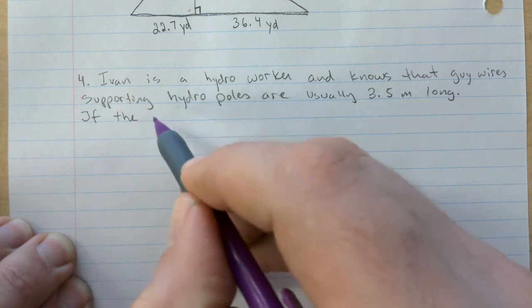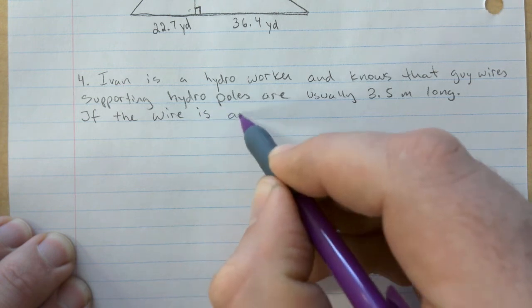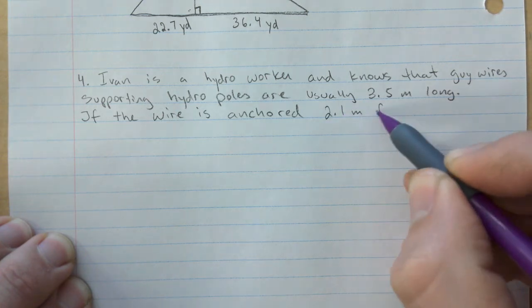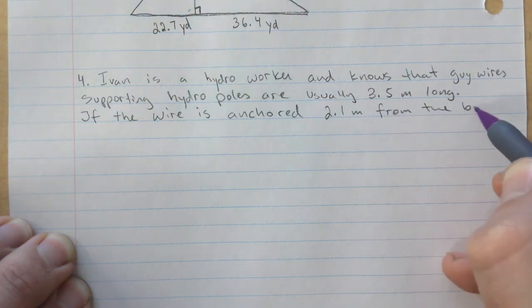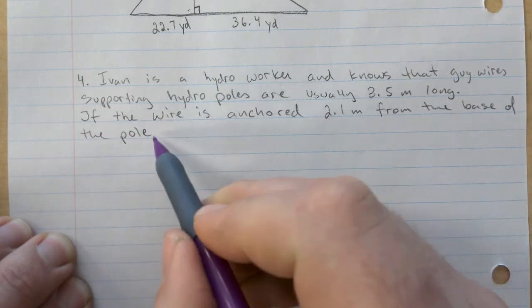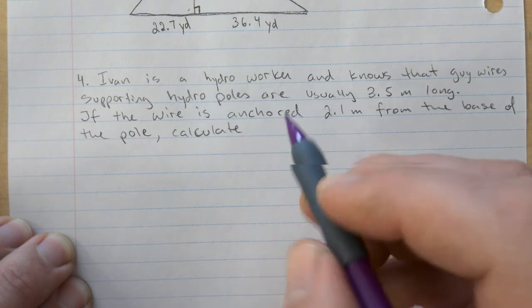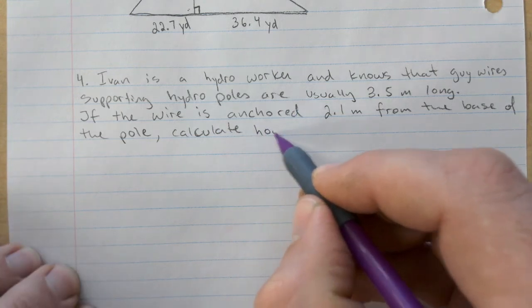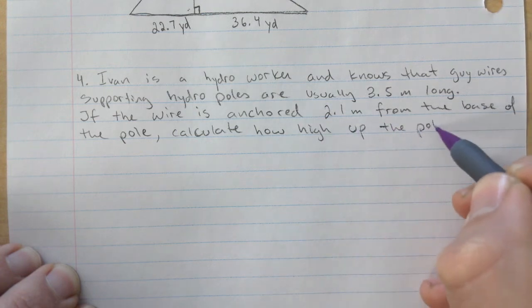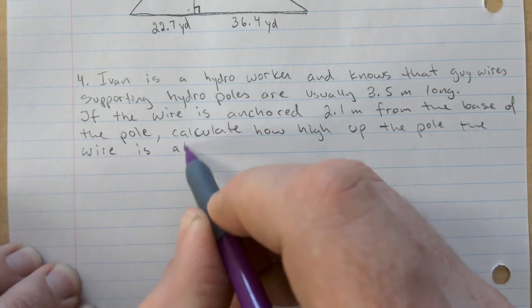If the wire is anchored 2.1 meters from the base of the pole, calculate how high up the pole the wire is attached.